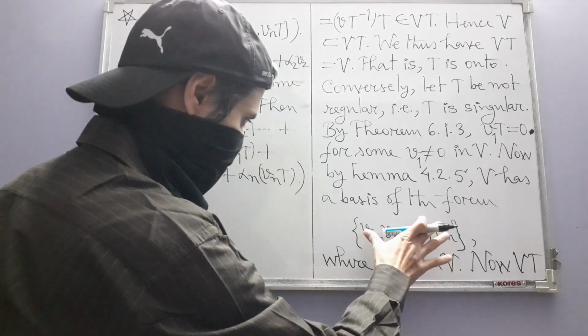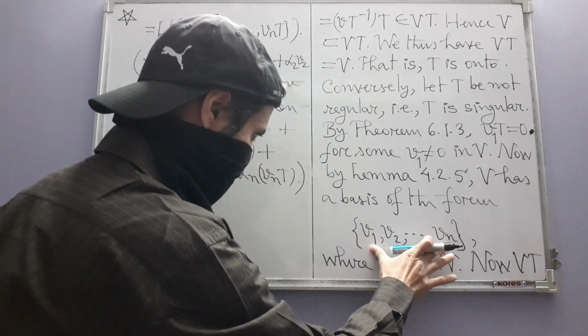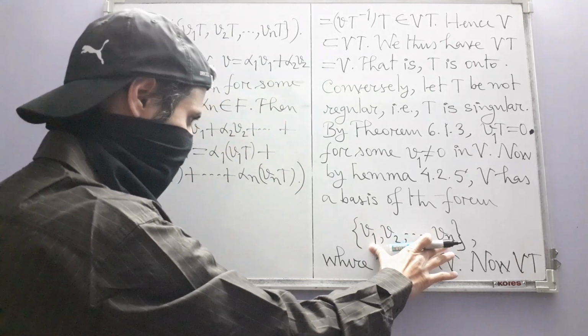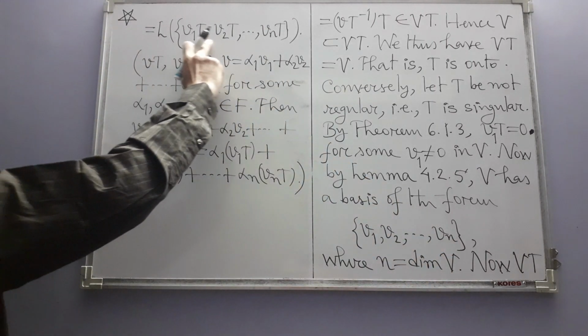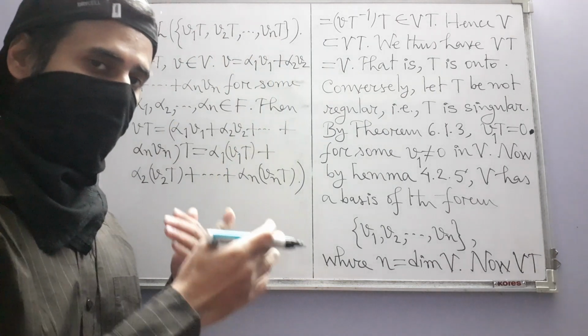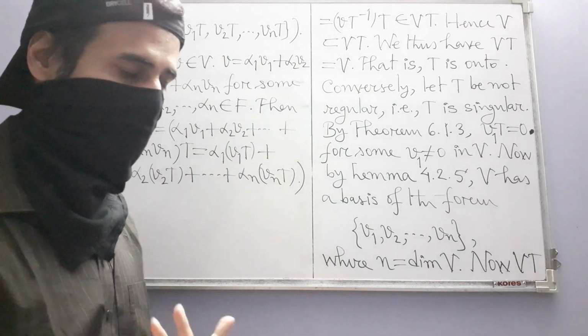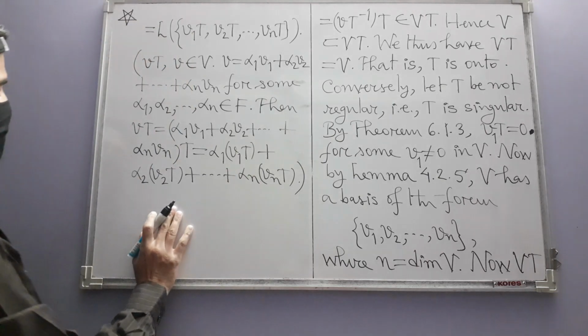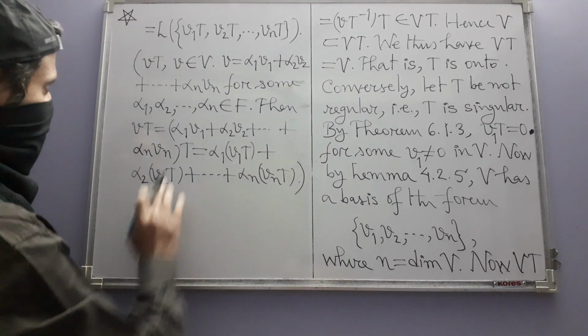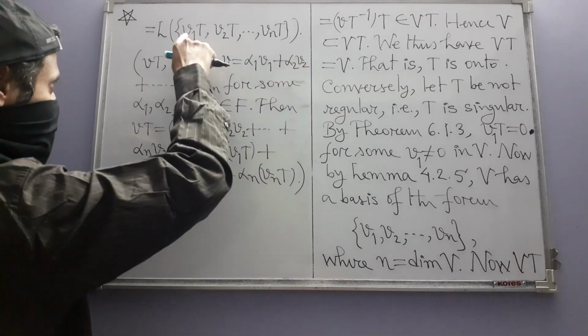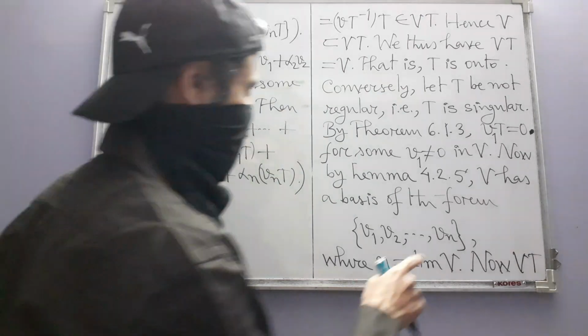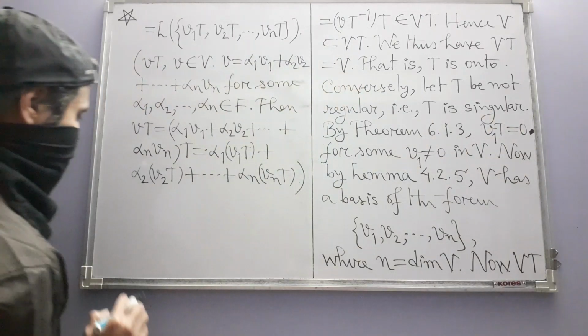So you see n distinct vectors here. However, here you may not have n distinct vectors, there may be repetitions, who knows. And in particular, there is one very special vector among these, which is V1t, and that V1t is 0.